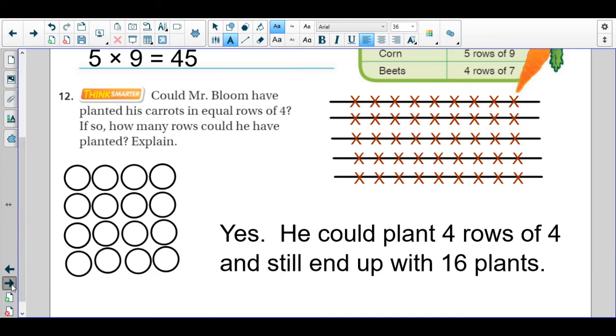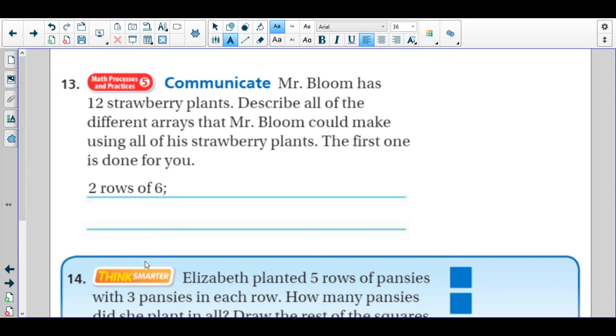Let's see. Should we go on to this other one? Why not? Mr. Bloom has 12 strawberry plants. Describe all of the different ways that Mr. Bloom could make using all of his strawberry plants. The first one is done for you. All right.